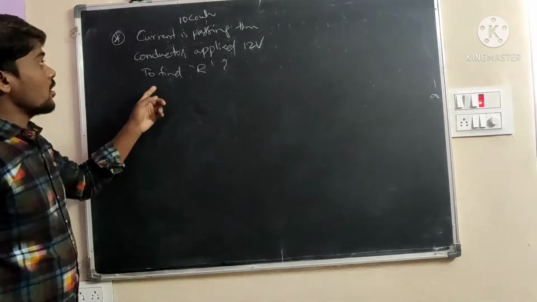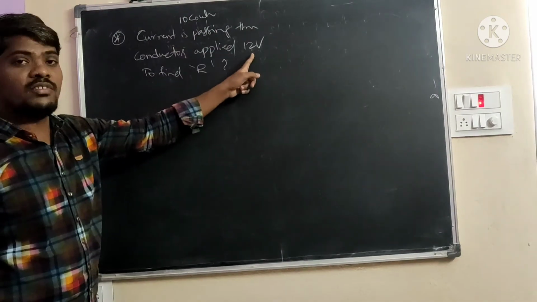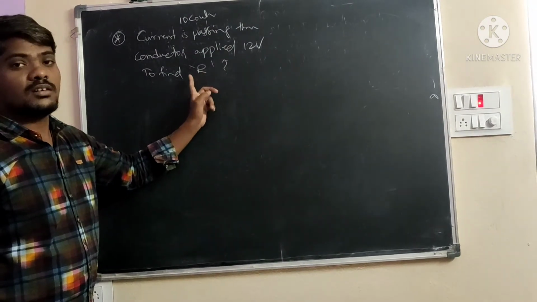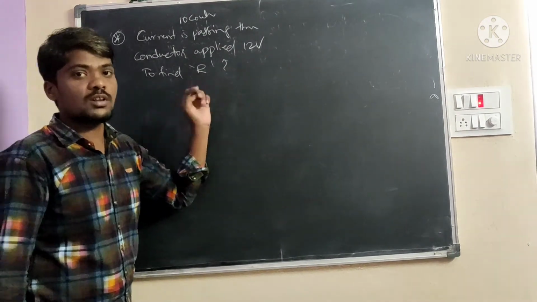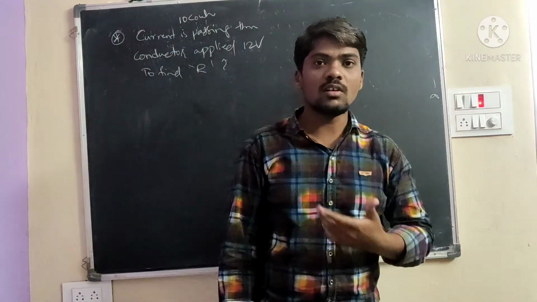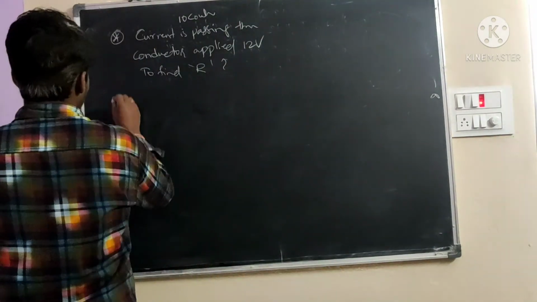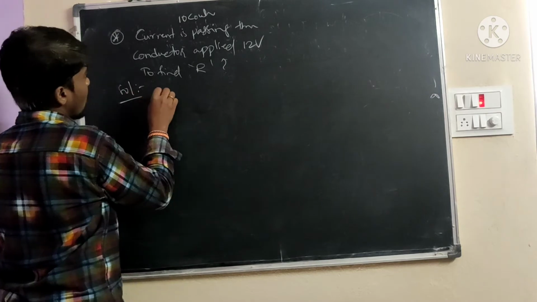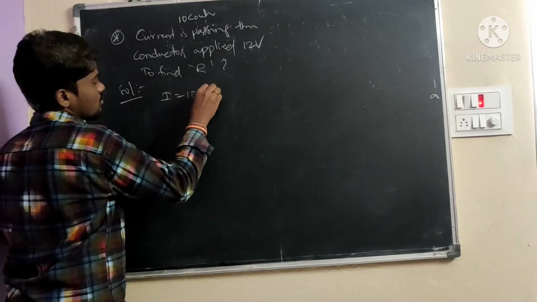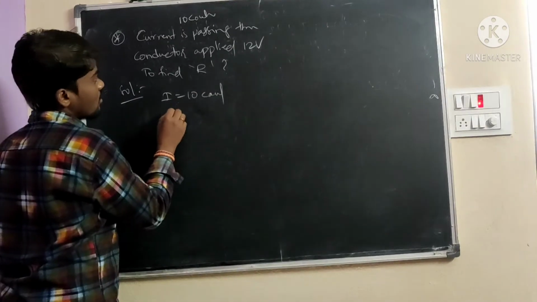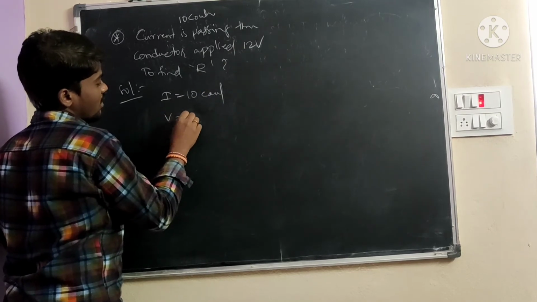Okay, I is given and V is given. You will find the resistance according to Ohm's law. Ohm's law means V is equal to IR. Same solution: I is equal to 10, and here the potential is given, battery source 12 volts.